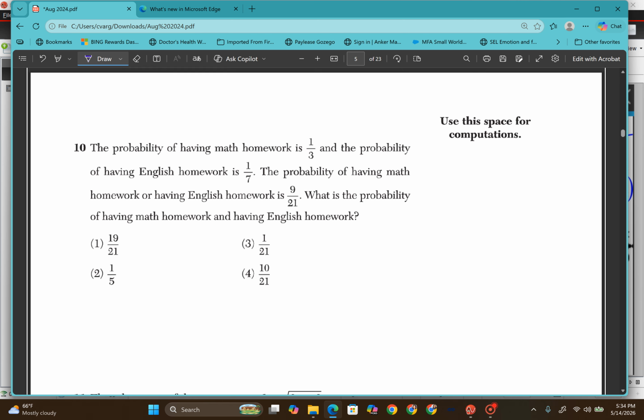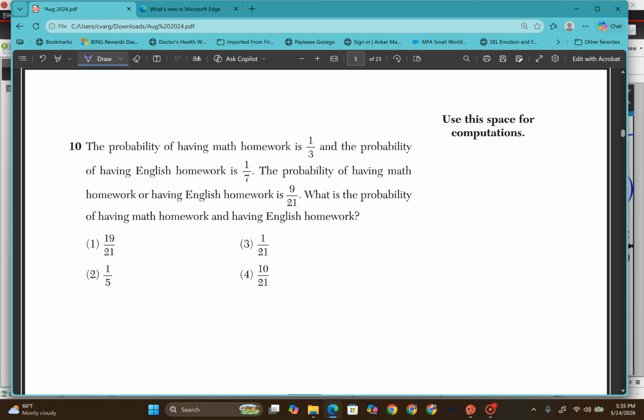All right, question number 10. This one says, what is the probability of having math homework or having English homework? The way we do this is the probability of A or B is equal to the probability of A plus the probability of B minus the probability of A and B. My bad, this is supposed to be the probability of A or B. It says the probability of having math homework is 1/3, so A is math.